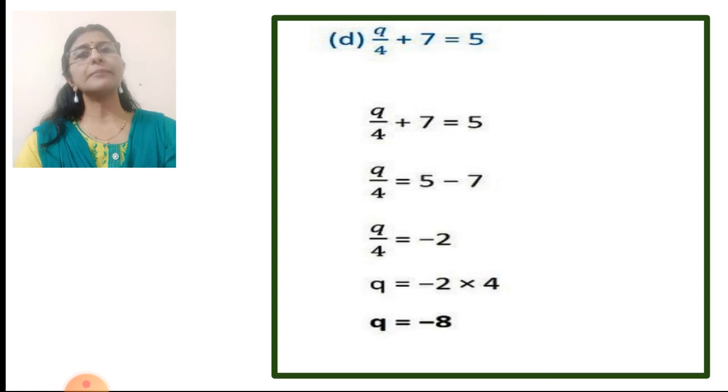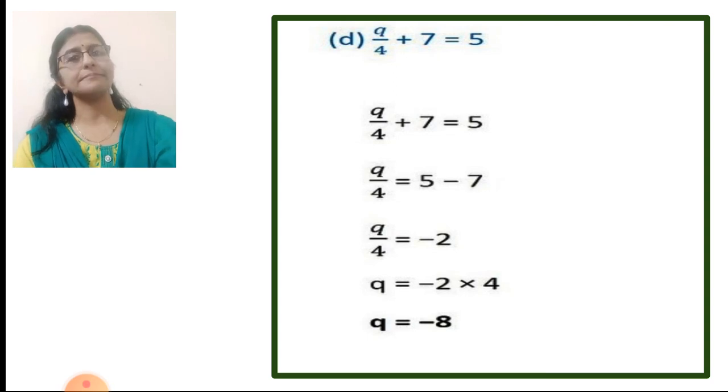And 4 will be cut. You will get only q, and q is equal to minus 2 multiplied by 4, which is minus 8. Minus into plus is minus, and 4 2s are 8. So your answer is minus 8. So the value of q is minus 8.